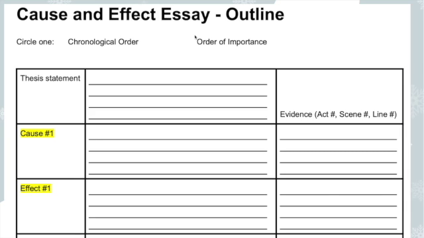So which cause had the largest or most impactful effect? You could start with the most impact and work to the least impact, or start with the least impact and work towards the most impact. But the idea is that you're looking at the importance or impact of the effect rather than the order based on the timeline in the story.